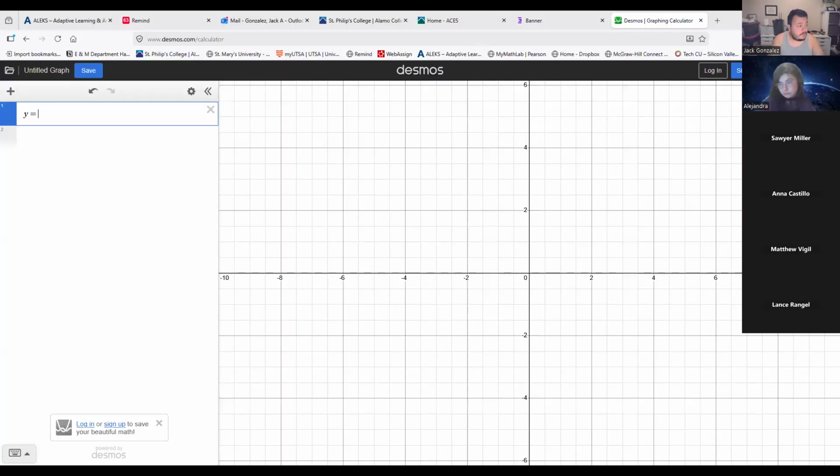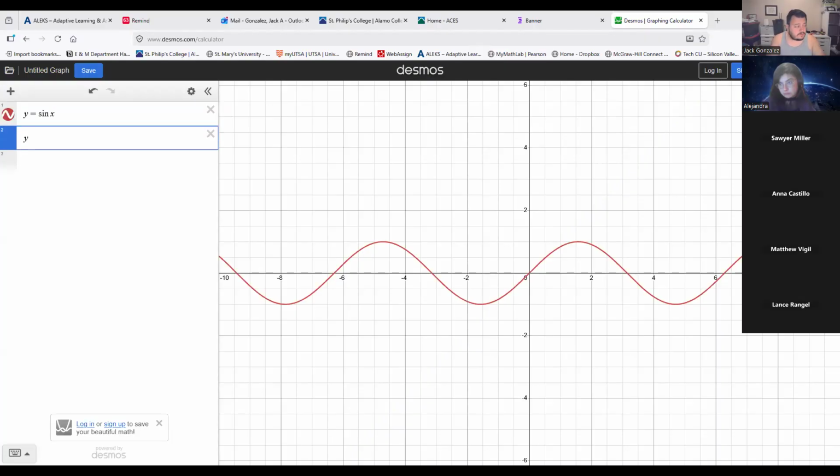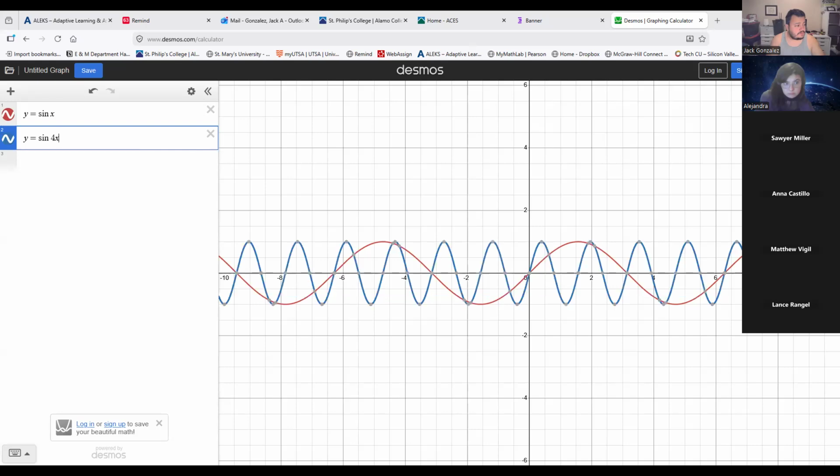This is what the original sine looks like. Now, if you were to add 4x, you're basically speeding it up. So the period becomes a lot shorter.